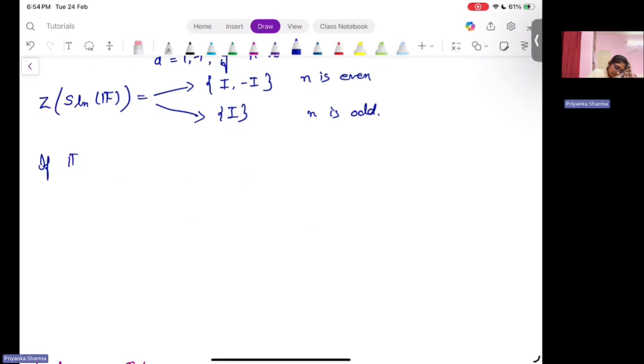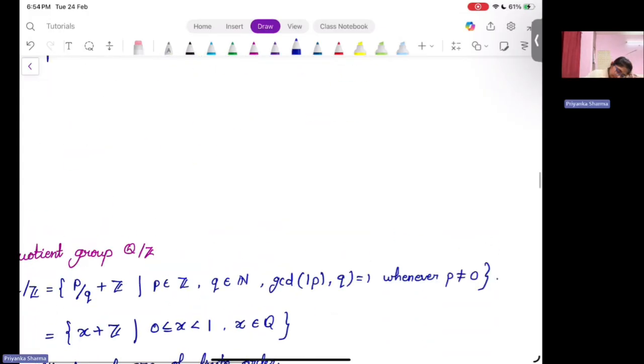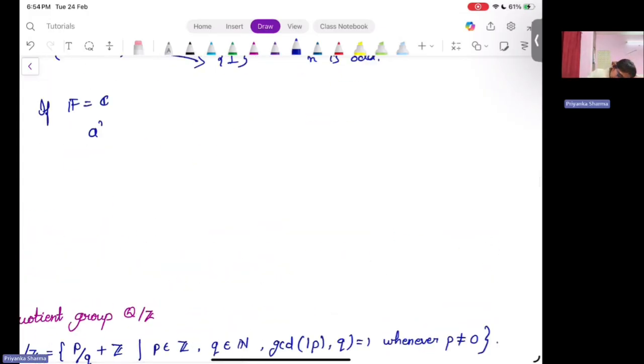What if the field is C? So there we need to reconsider this condition, a^n is 1. It means a is an nth root of unity. So we will have n values of a there.